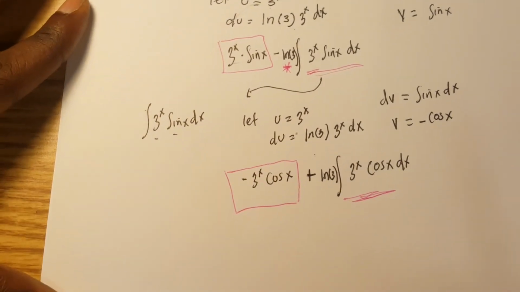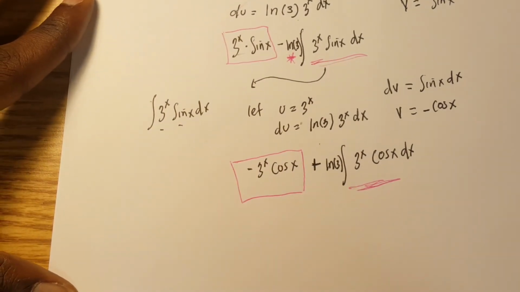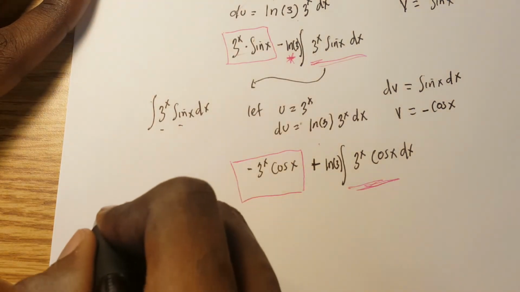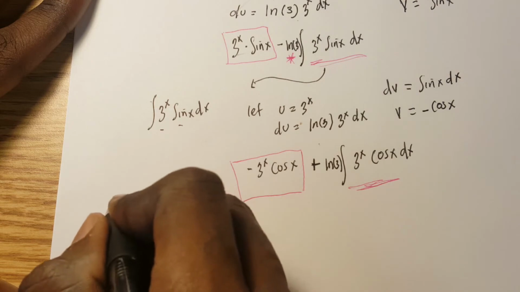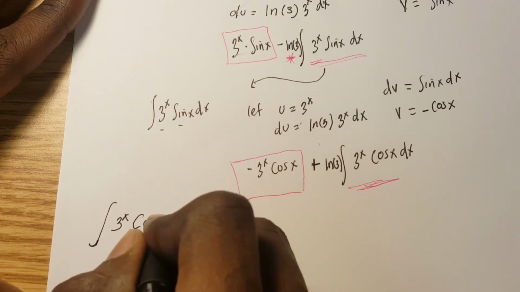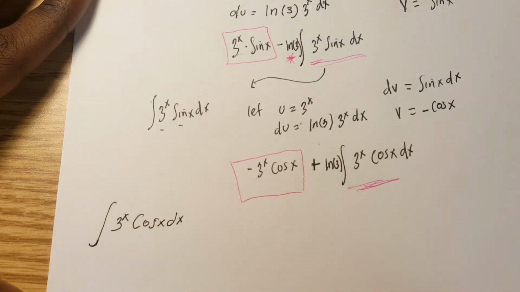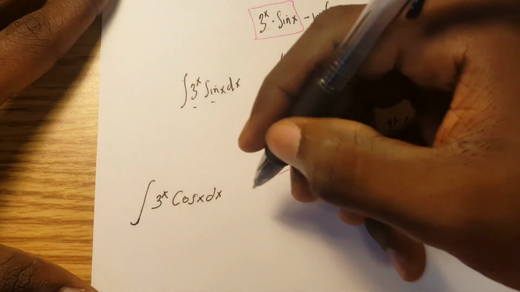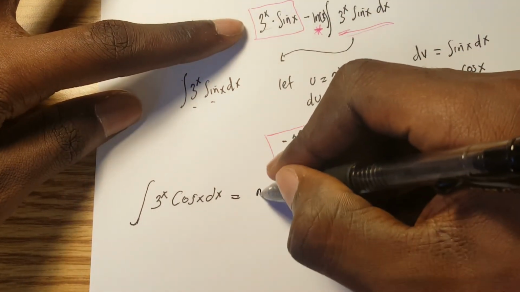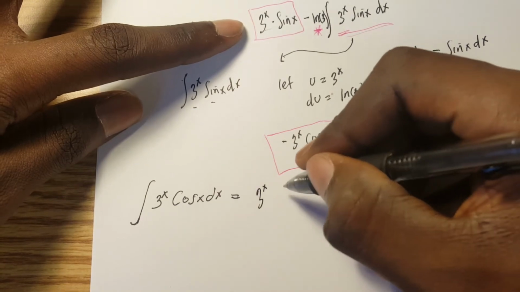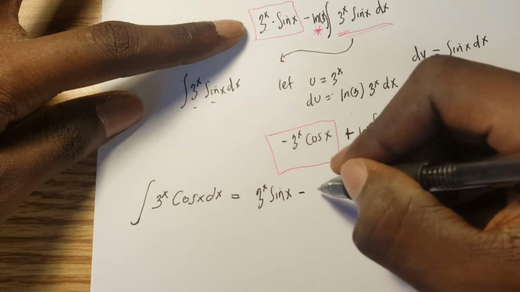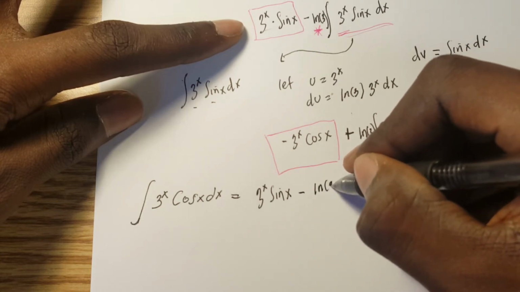So our main question here is, we have the integral of 3^x cosine of x dx to be equal to, you have 3^x sine of x minus natural log of 3.